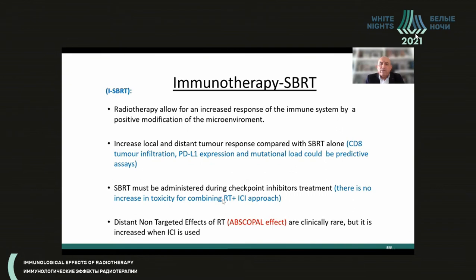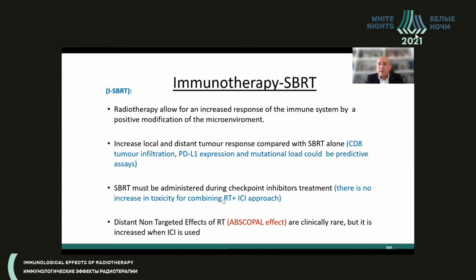Here we have the rationale of combining both treatments, especially SBRT, as we have said, with immunotherapy. Radiotherapy allows for an increased response of the immune system by a positive modification of the microenvironment.